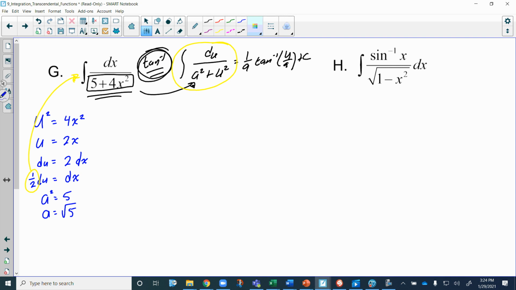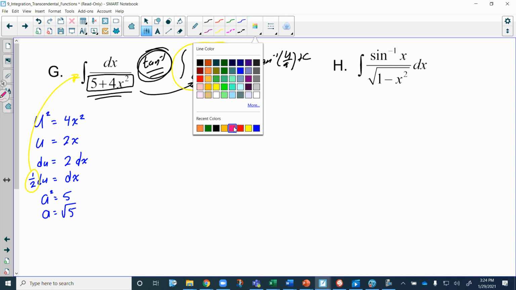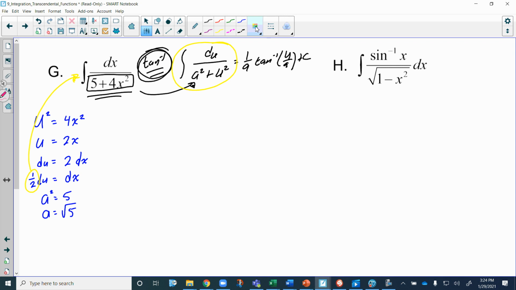So the dx itself, we're not really going to be doing substitution back into the expression. If you want to, you can rewrite the integral here. You can say we have our constant of 1/2 times the indefinite integral of du over a squared, which was 5, plus 4x squared, which was the u squared.